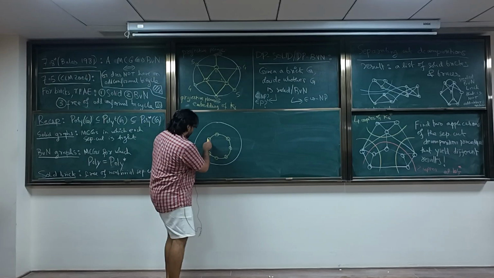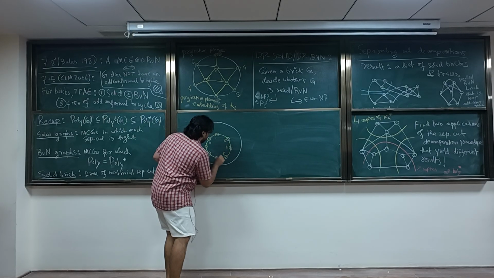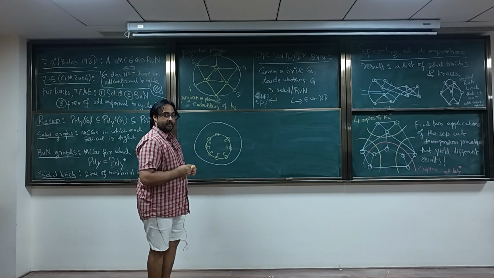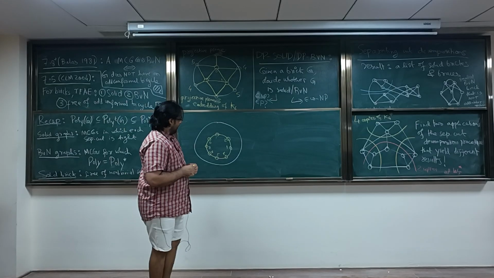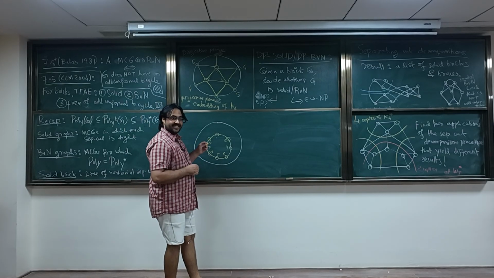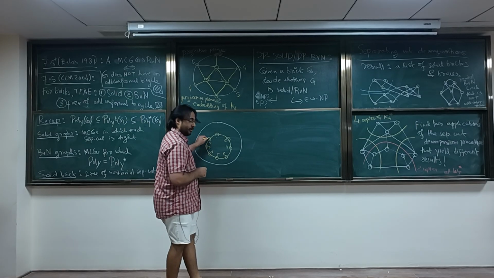I need to join 0, let me label 0, 1, 2, 3, 4, 5, 6, 7. In a Mobius ladder, you join the antipodal vertices. Well, that sounds nice. That's convenient. Antipodal. I want to join 0 to 4.